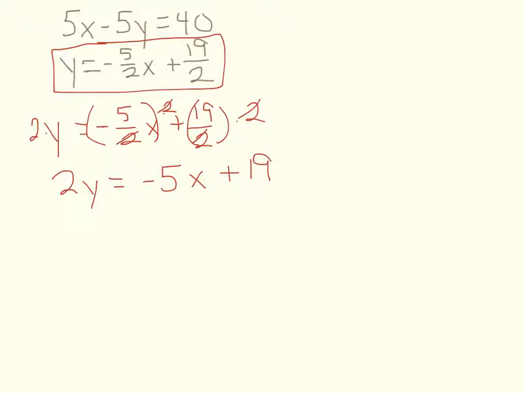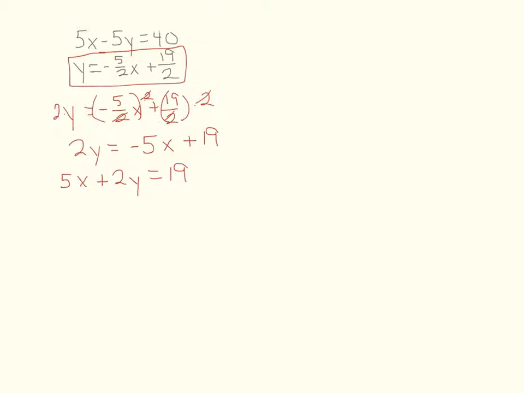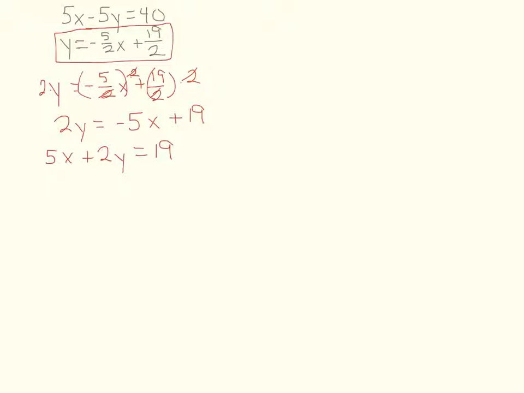Now, let's move the 5x to the other side so that it's in standard form like the first equation. Okay, now the only problem is we have a 5x here and a 5x here, but they're not opposites. So we need to change the sign in one of them. Just pick one to change the signs on. I'm going to change the signs on this bottom one, the one that we've already been working with.